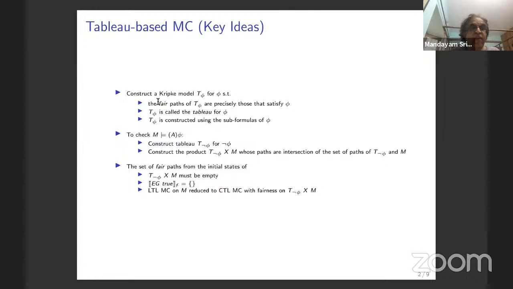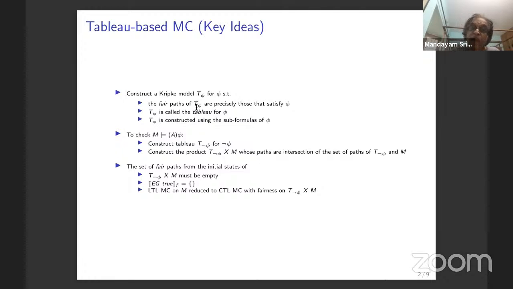So what you do here is you construct a Kripke model, that is a labeled transition system, T_phi, for any LTL formula phi that you want to model check. The first step is to convert that into a Kripke structure. This Kripke structure for phi is constructed so that it will also have some fairness conditions.